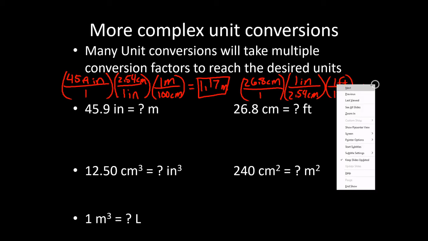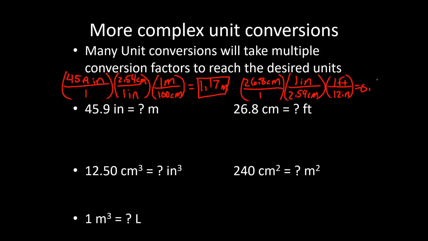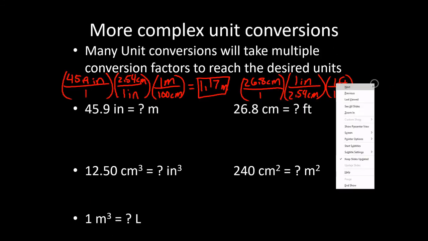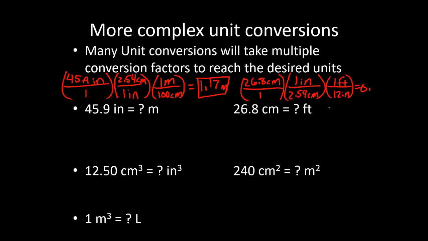Why is it not letting me write there? That's very strange. Just write it over here, I guess. 0.87, and let's see, I get 3 sig figs again, so 0.879 feet. And notice here, centimeters cancel out, inches cancel out, and that leaves me with the feet that I have there.